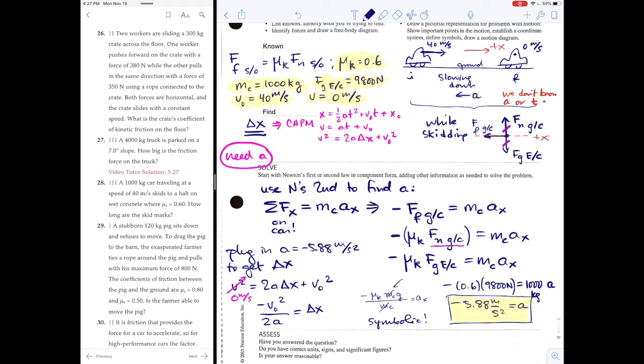So we're going to have minus 40 squared divided by 2 times minus 5.88 meters per second squared, and that gives us 136 meters. So that's the answer for how long the skid marks should be.